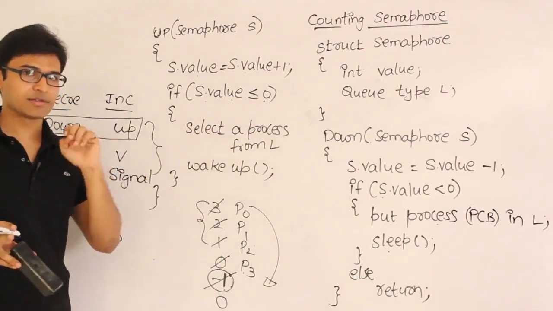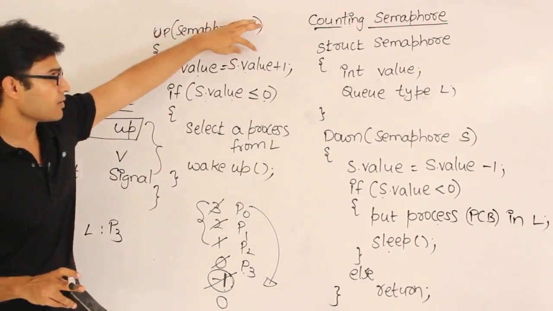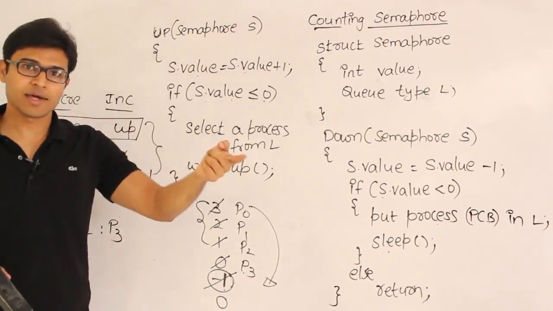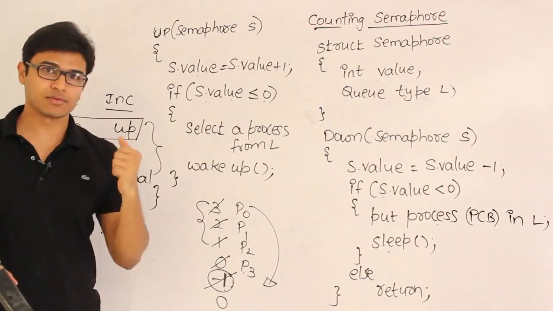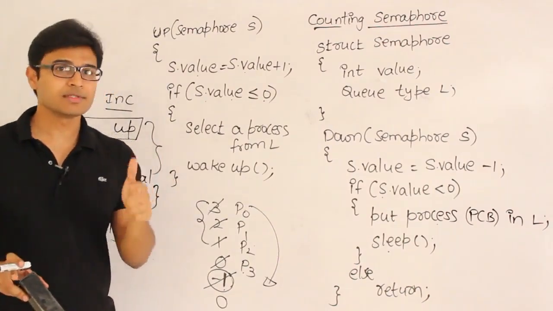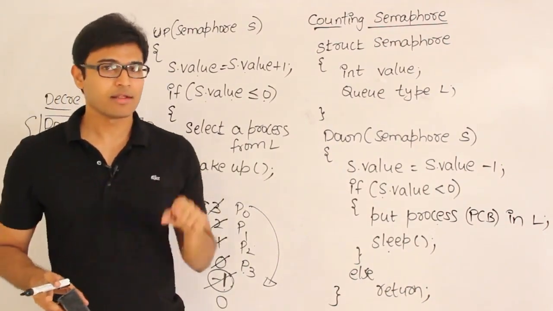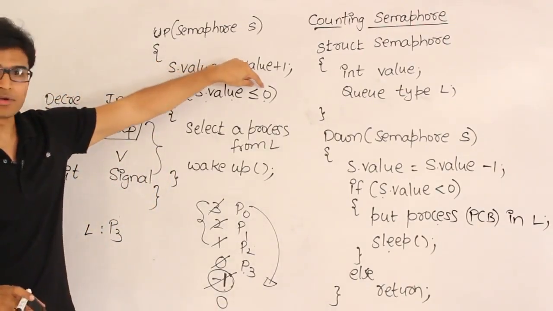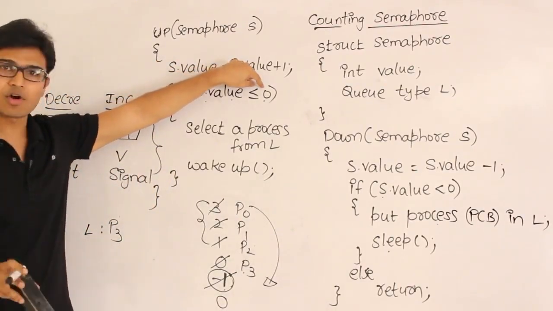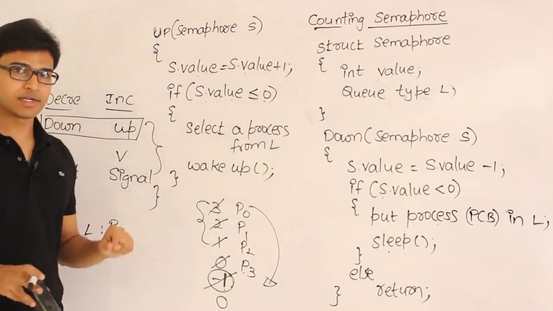Just think about it, it is logical. If the value is negative after incrementing, then before incrementing it was negative. A negative value means that some processes are waiting. I don't know how many, but at least one process will be waiting.